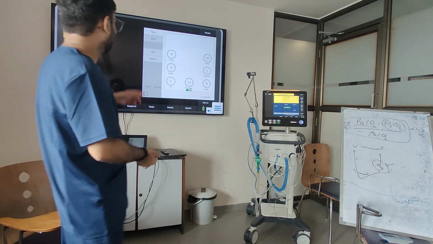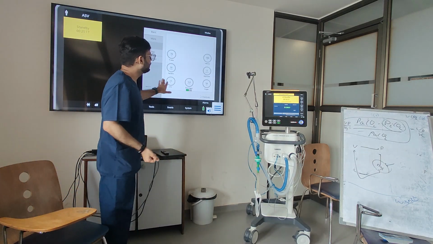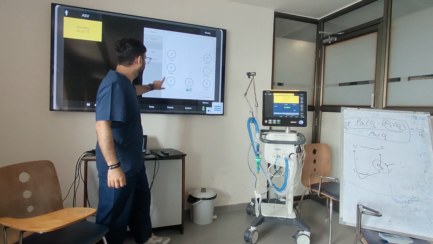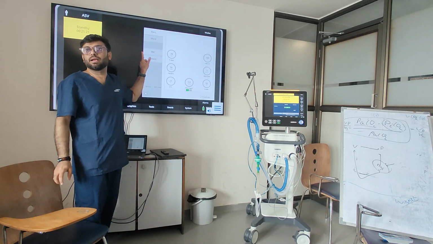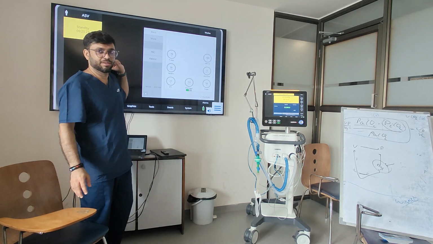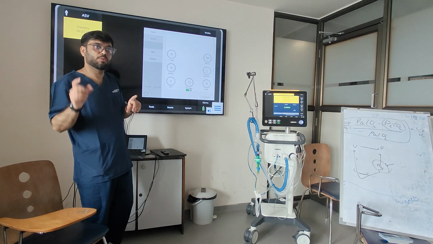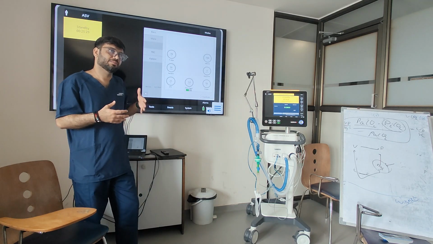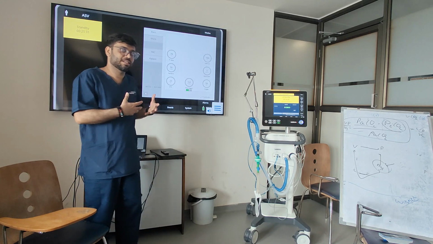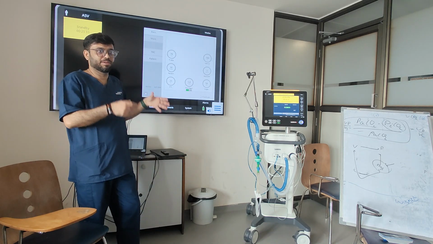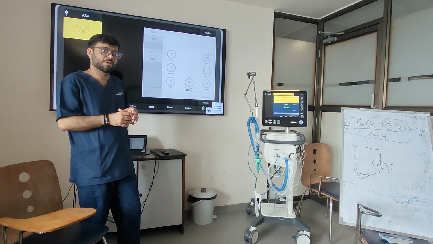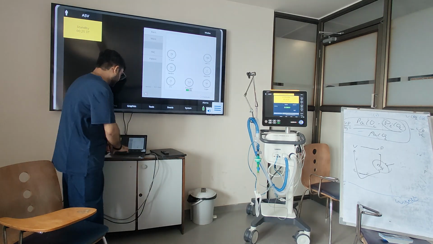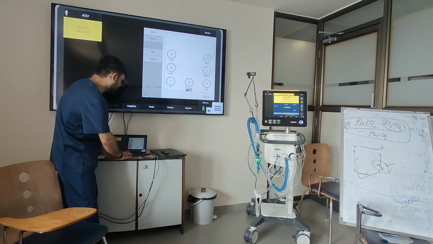Okay. So I was explaining about this minute volume target. When I said 100%, my minute volume target is 6.6 as per my height and ideal body weight. So height becomes a very important factor to put in. Even if you haven't really measured the height, I'm sure the nurses keep a measuring tape. In the ICU, we need to measure the height of the patient and then insert the height. Let me show you the change with height.